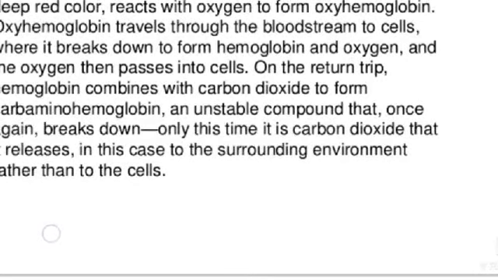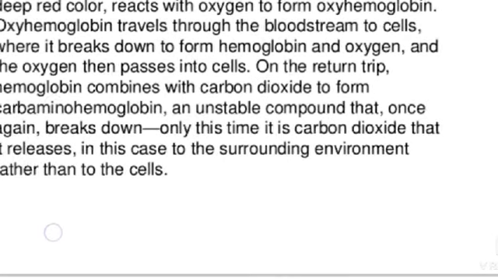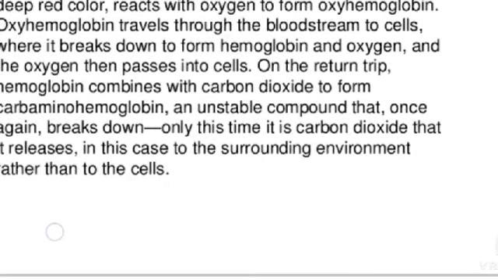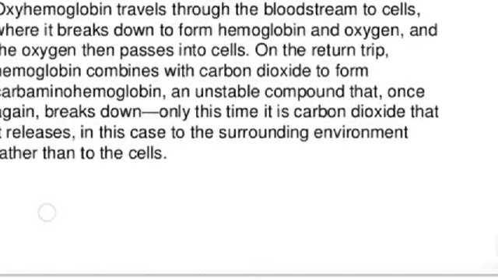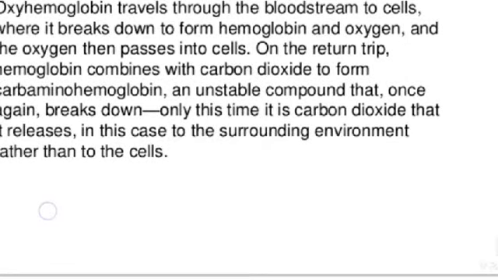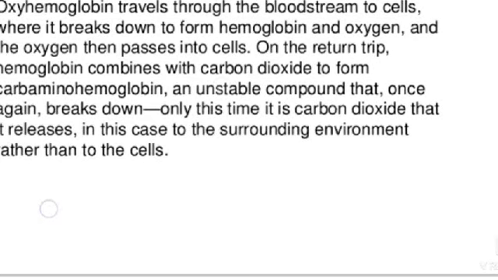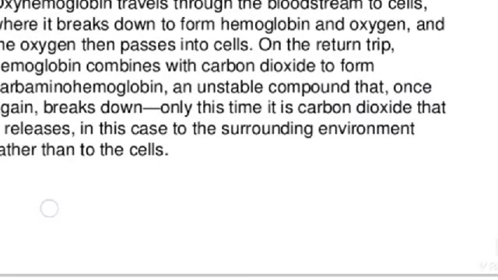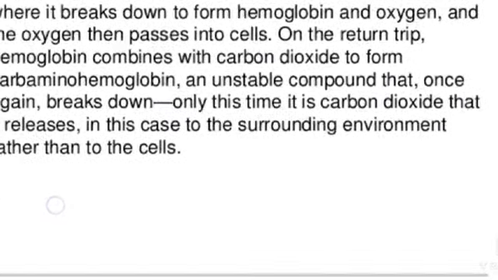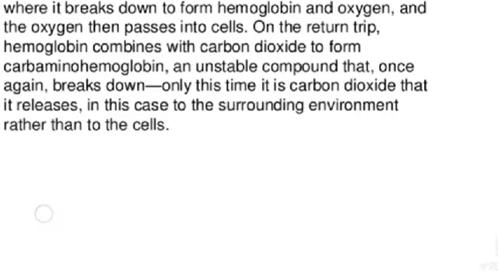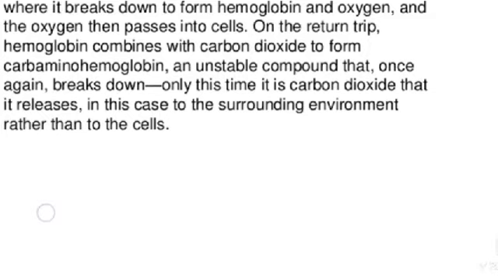On the return trip, hemoglobin combines with carbon dioxide to form carbaminohemoglobin, an unstable compound that once again breaks down. Only this time it is carbon dioxide that is released, in this case, to the surrounding environment rather than to the cells.